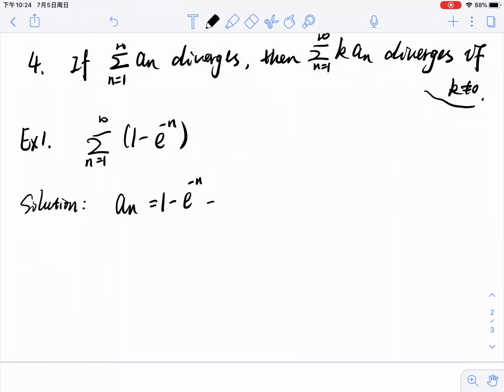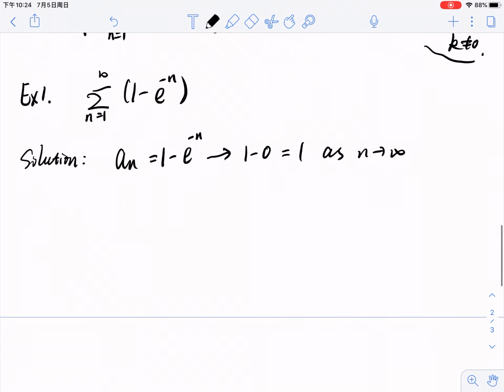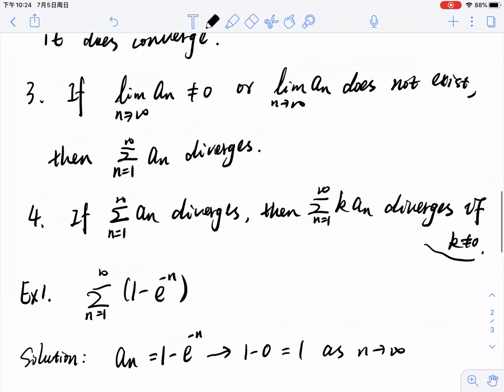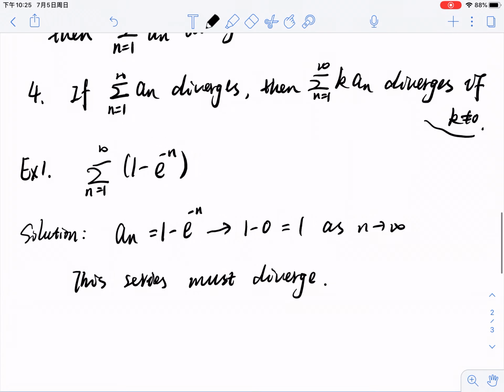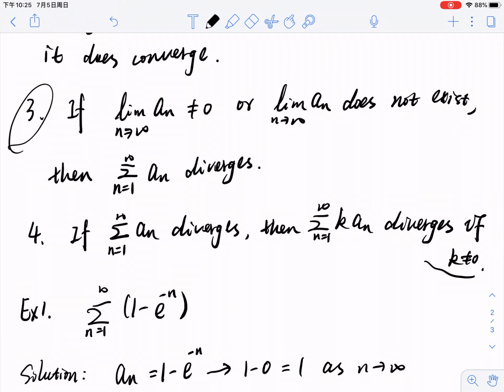As n goes to infinity, this goes to 1 minus 0, which is 1. Since the limit of the terms is not 0, by property 3, this series must diverge.